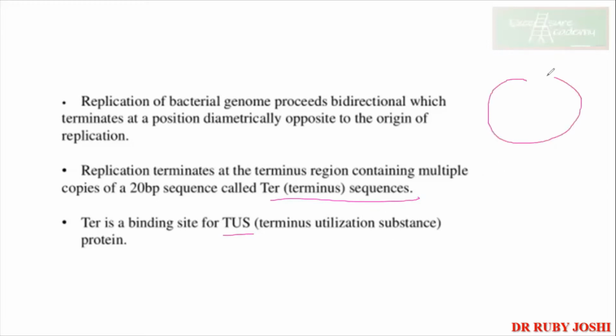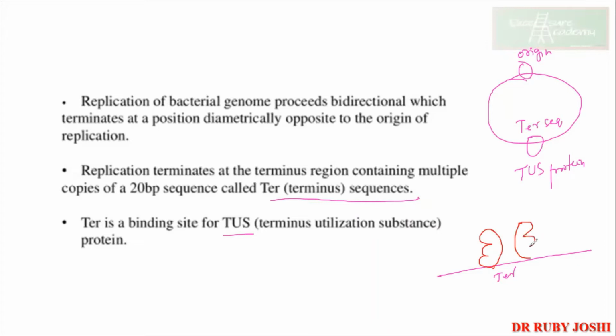You have got the bacterial genome. यहाँ पे origin है. यहाँ पे ter sequence है to which your TUS protein binds. Okay, so if suppose this is your ter sequences, यहाँ पे you are going to have proteins which are bound to the ter sequences and something like this.